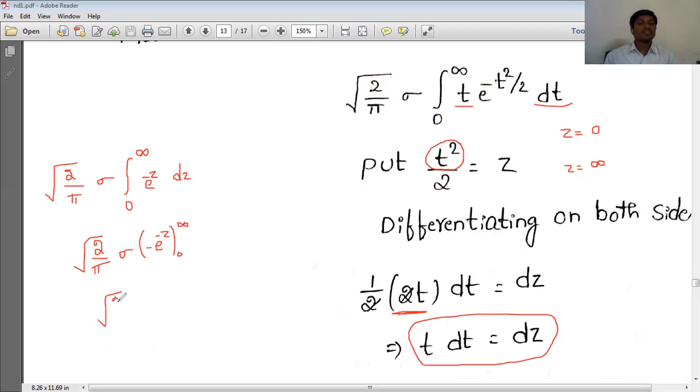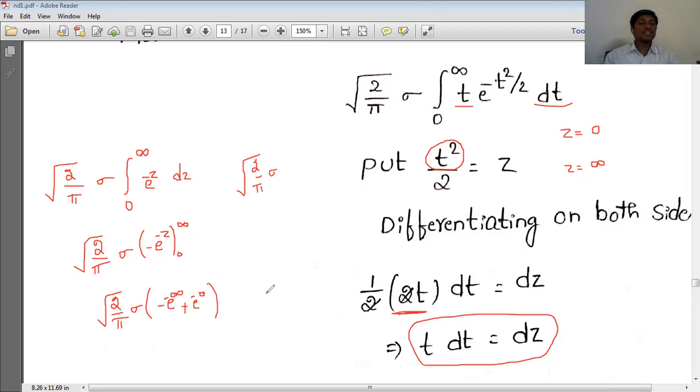Then we can substitute the limits in place of z as infinity, minus e power minus infinity, and when substituting the lower limit the sign will change, e power minus 0.